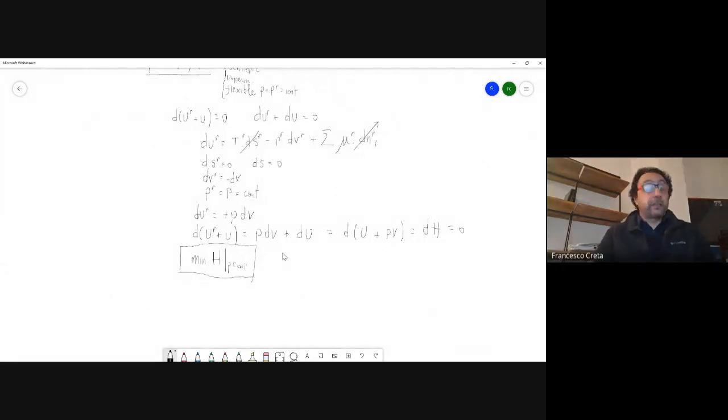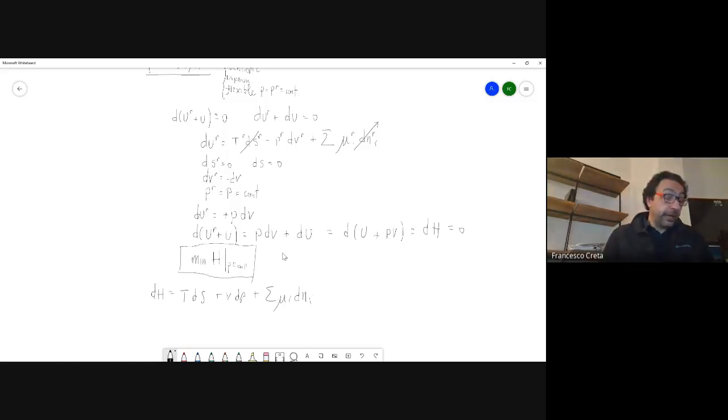Now, could we have done this a little more simply? Well, in fact, yes, because if you write down the differential of enthalpy, which we had done some time back, it's TdS plus VdP plus the sum of mu_i dN_i.